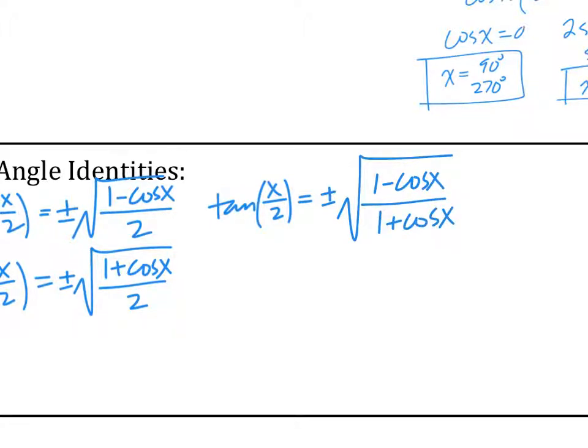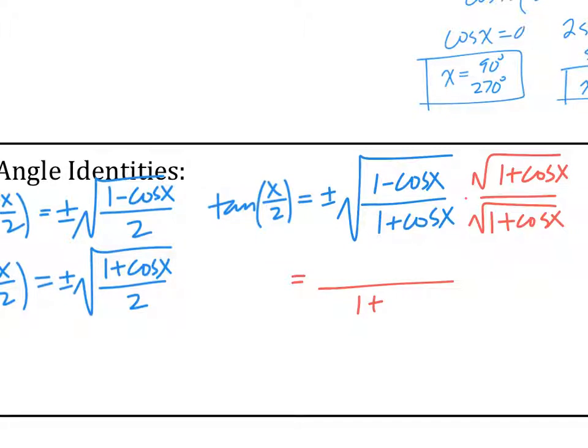Now the second formula is very simple. What you want to do is just rationalize the denominator. So kind of think about it. This denominator will become 1 plus cosine x. The numerator is going to be 1 minus cosine squared x, but inside the square root.